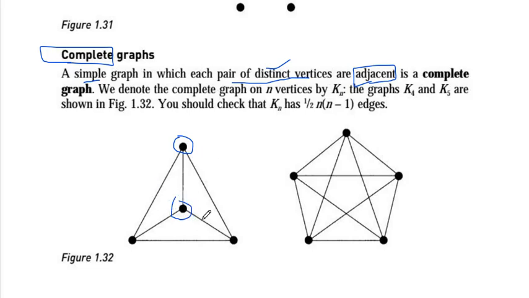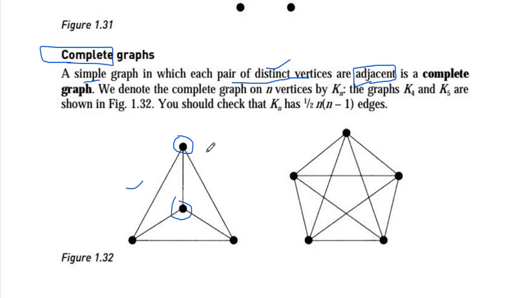In simple words, a complete graph means each vertex is connected with its adjacent vertices, and there is no possibility that you can draw a new edge.